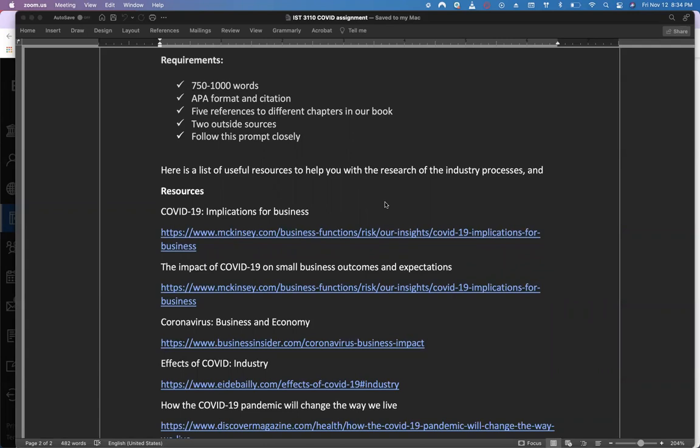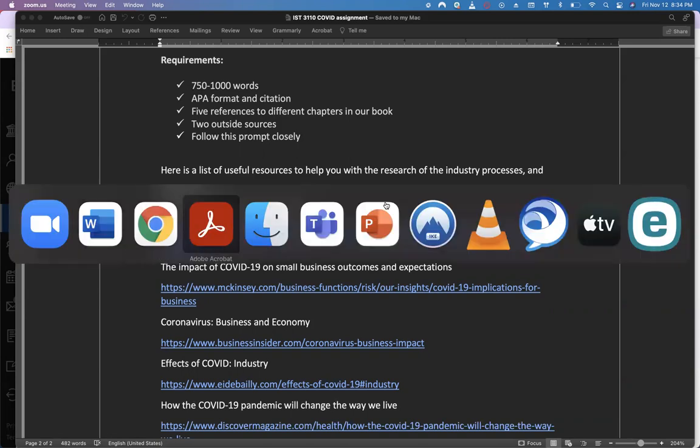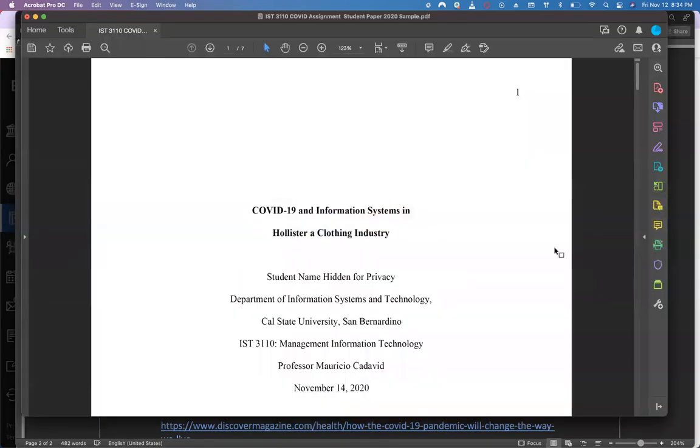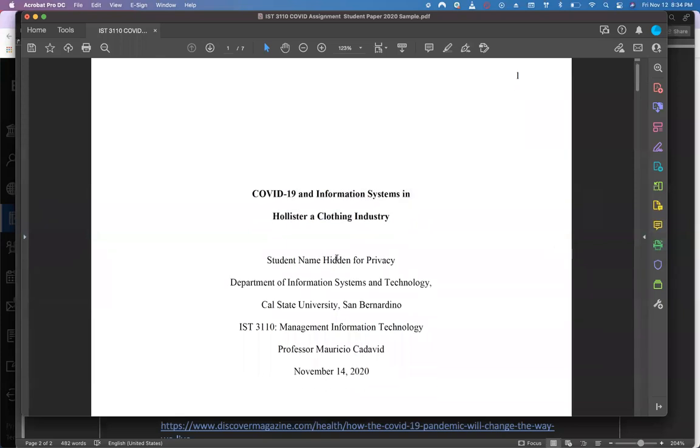Now let me show you an example from one of the best papers that I had from last semester. Okay, so here is the student's paper. I'm hiding his name, obviously, for privacy. Let me move these Zoom controls out of the way here.